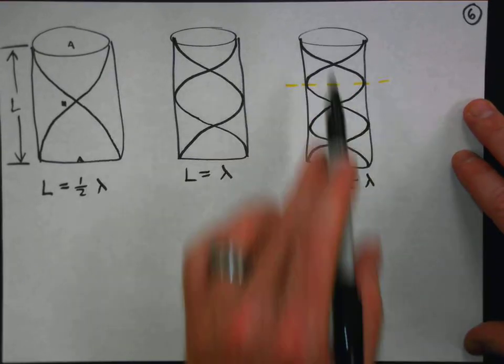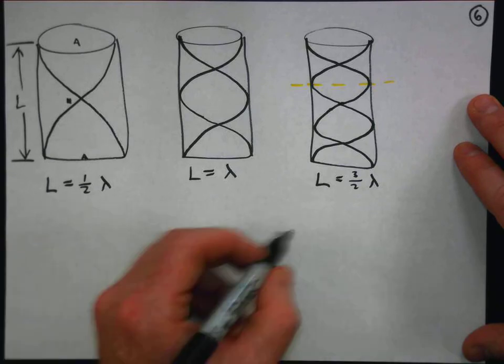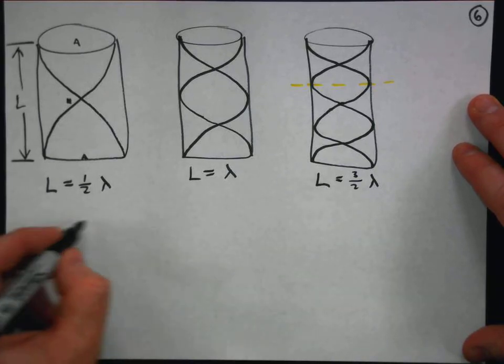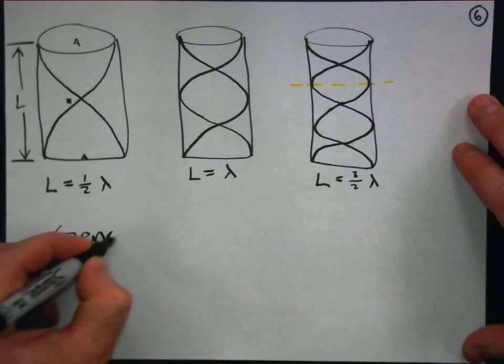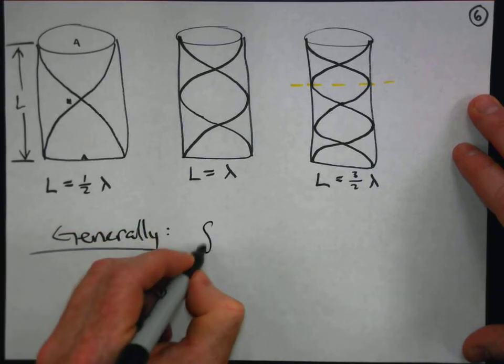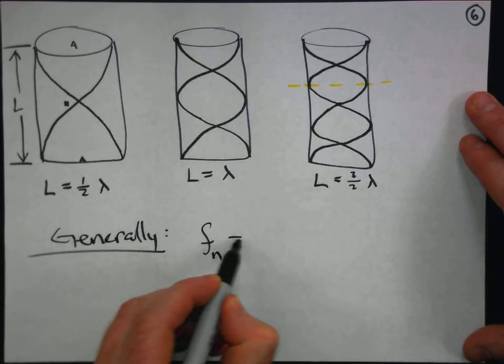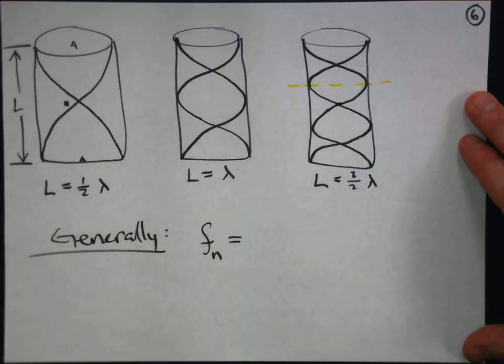Here it's open at both ends. So for the sake of time on the video, I can skip a couple things and make a general statement here. Generally, there are harmonic frequencies here where you get a standing wave. That's where the harmonics occur.